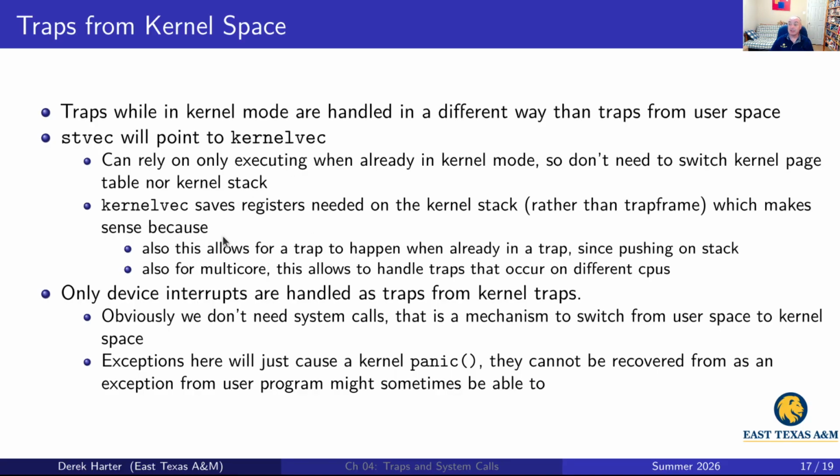The basic thing that we want to do is allow a trap to occur when we're already servicing a trap, especially device interrupts. While we're servicing a device interrupt, a different device interrupt can occur, and we want to allow that to happen, to have nested interrupts being serviced. When we switched from user mode to kernel mode, we only needed one trap frame, one place to save all the registers that we would ultimately restore when we switch back to user mode.